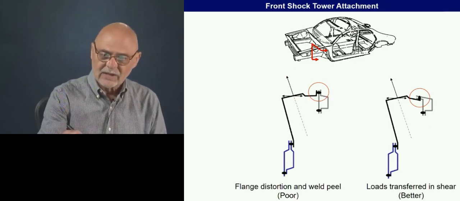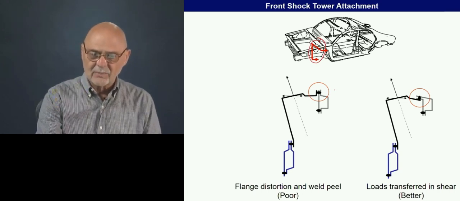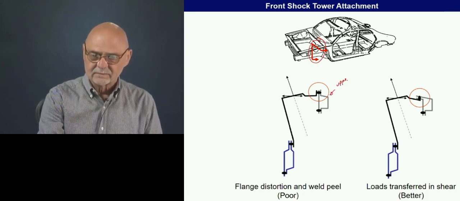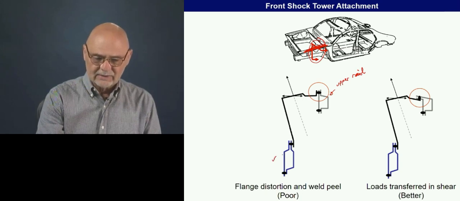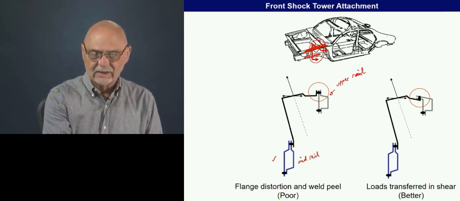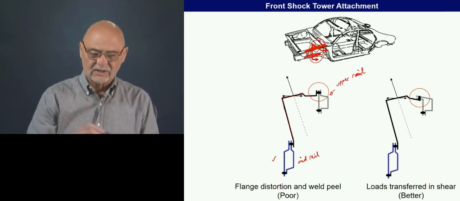Let's take another example. Now we're looking at the strut tower on the car, and we're taking a section of that. Here's the upper rail, that would be this part here. This is the mid rail down here, and that would be this part here. And then here we're looking at the strut tower itself.